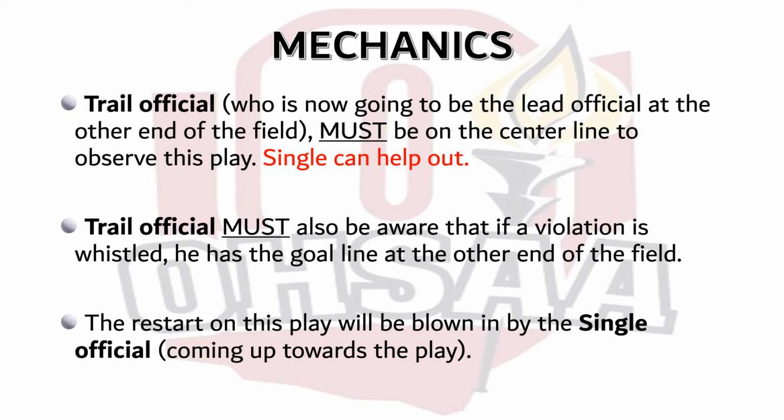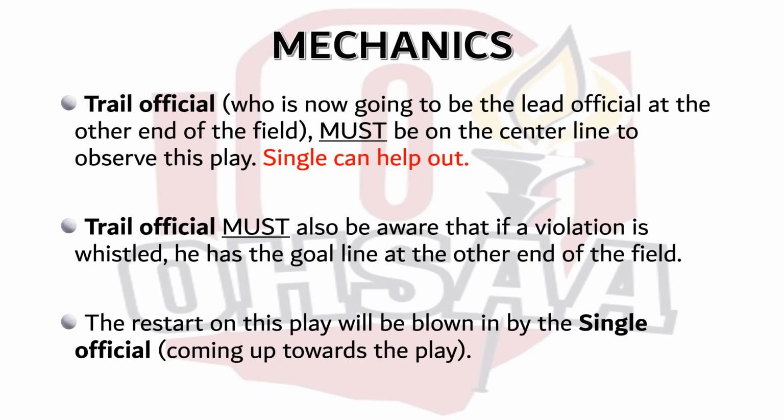That trail official has to know that when we have a violation, their number one responsibility now is the goal line and the end line. So once you hit that whistle, you have a nice clear signal that's demonstrative, and then you signal direction and you get on your horse and go.